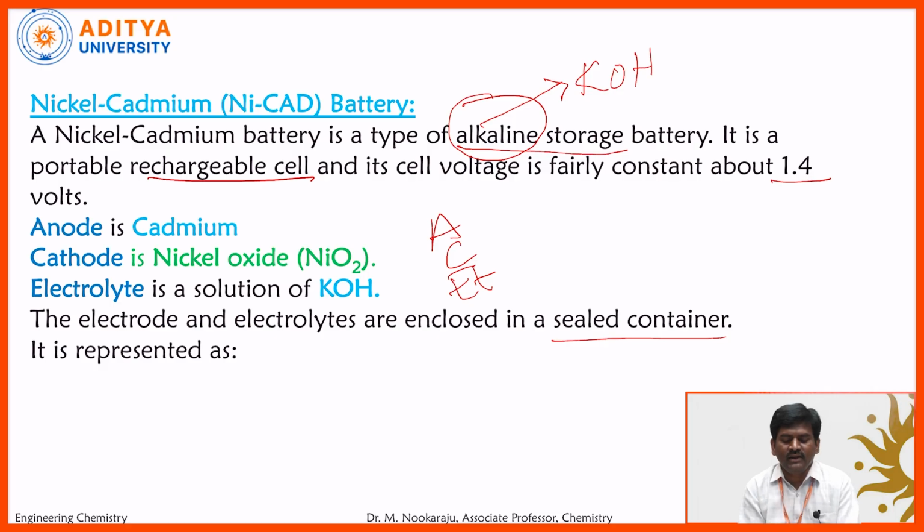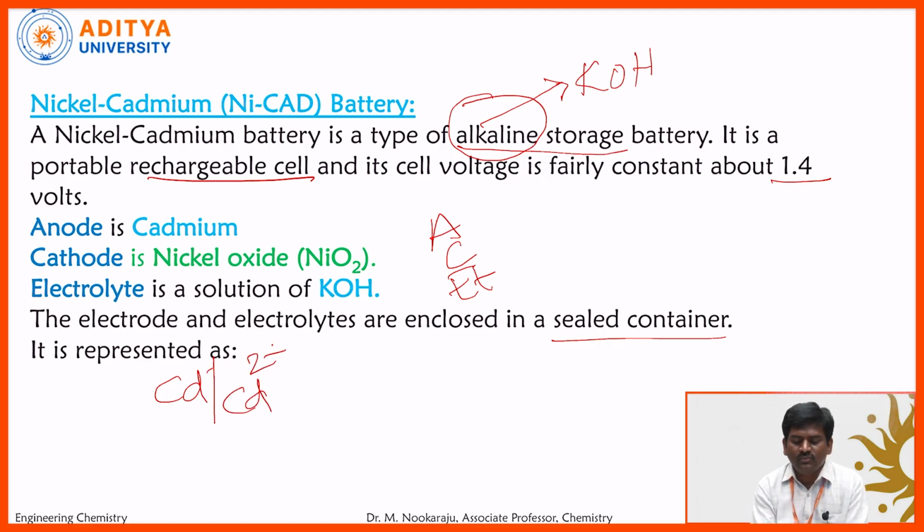We can represent it as a conventional galvanic cell, where we write the anodic part first. What is this anode? It is cadmium. It is going to be converted to cadmium 2+. Then we write the cathodic part, where nickel oxide is changed to nickel.